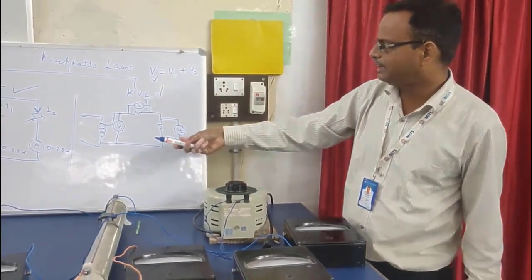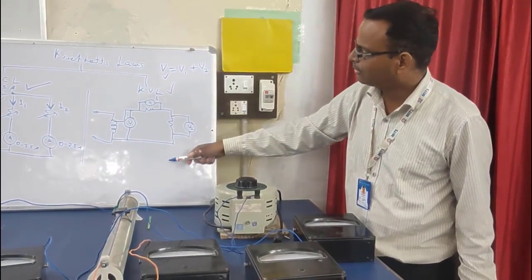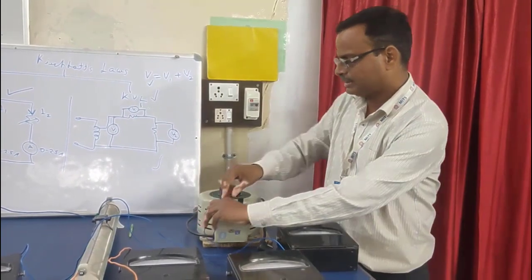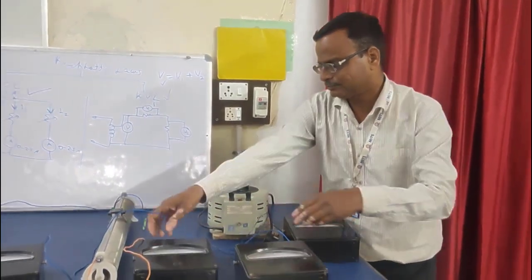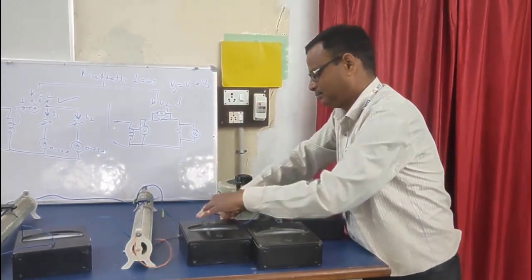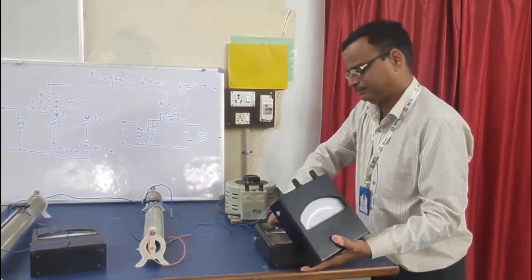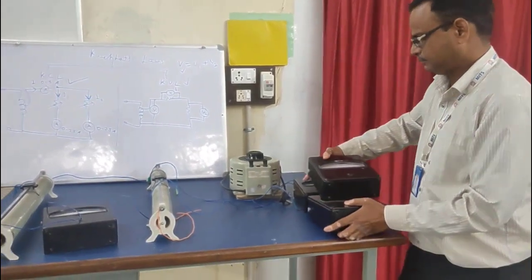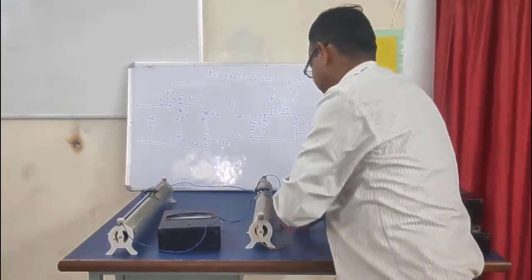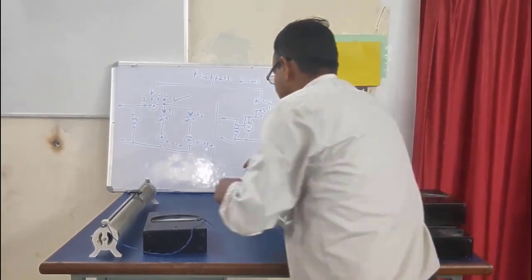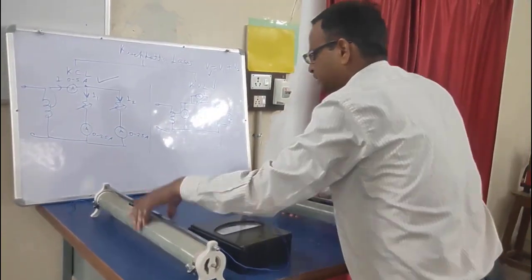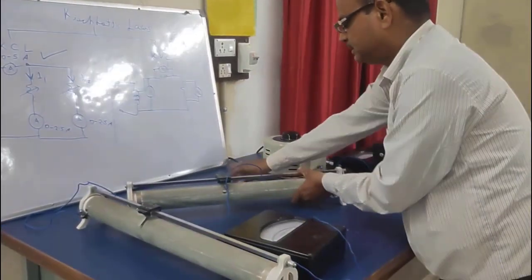So disconnect the circuit and connect the circuit according to this given circuit diagram. So first of all, we disconnect the circuit. And connect in series manner. Series manner.